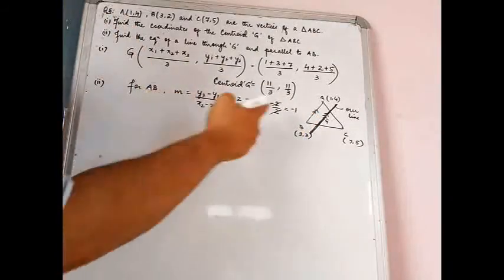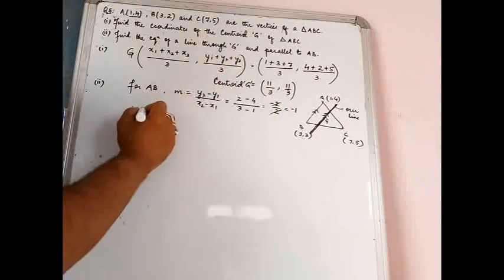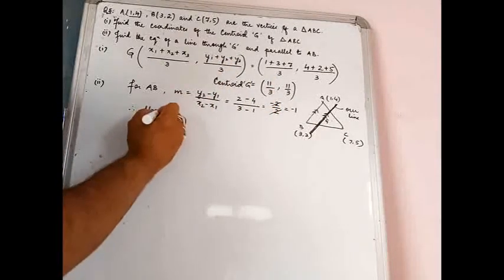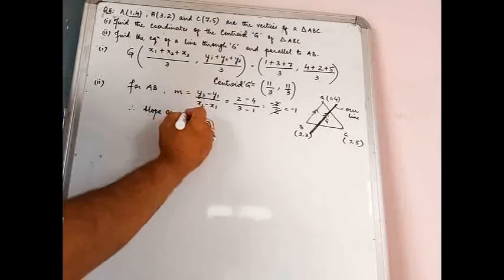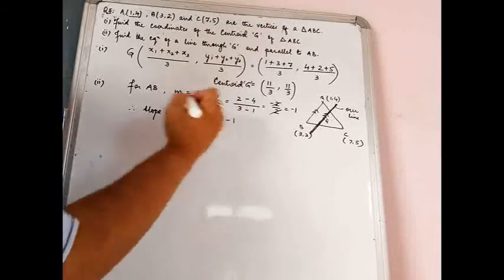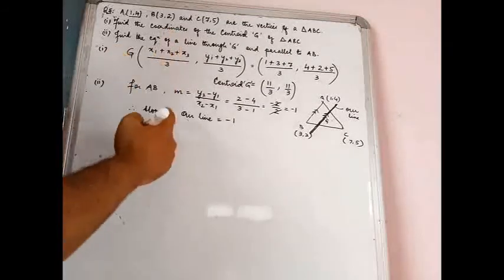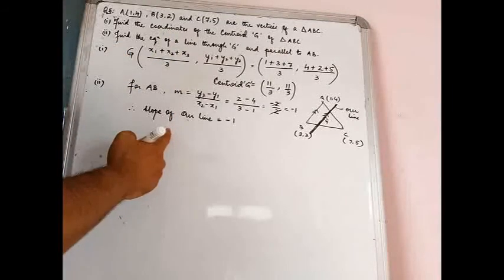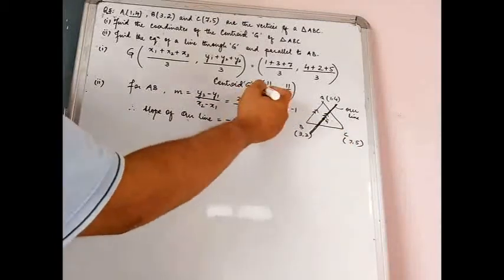So the slope of line AB is minus 1, therefore the slope of our line will also be minus 1. Why? Because they are parallel, given in the question. So now we know the slope of our line, and we also already know one point G through which it is passing.